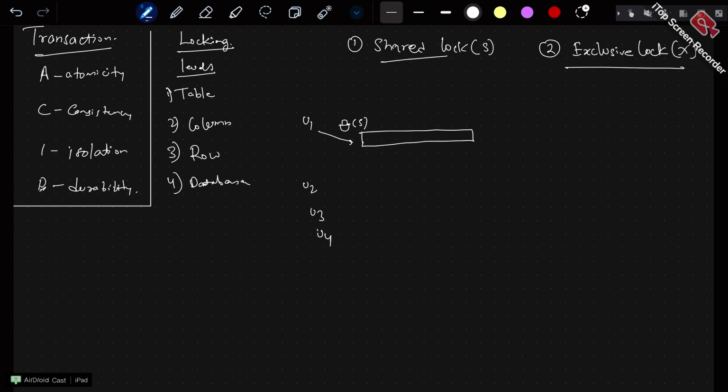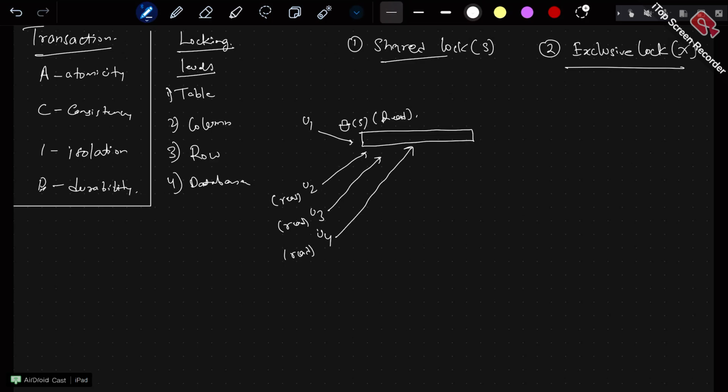The name itself suggests shared. This person has come to read the data, this person has also come to read the data. Everyone has come to read the data, nobody has come to modify it. Because this person has acquired a lock, everyone is allowed to read the same data, but nobody is allowed to alter this data.